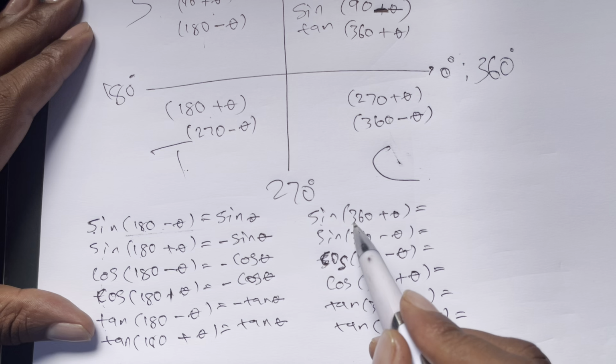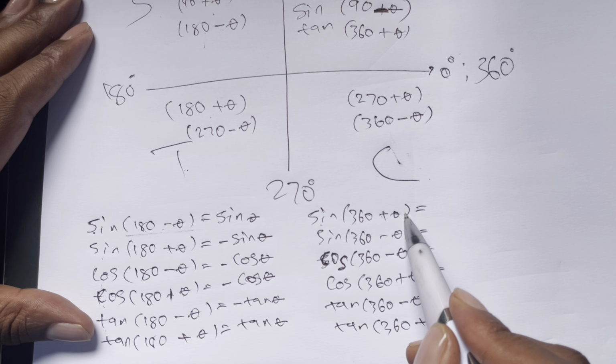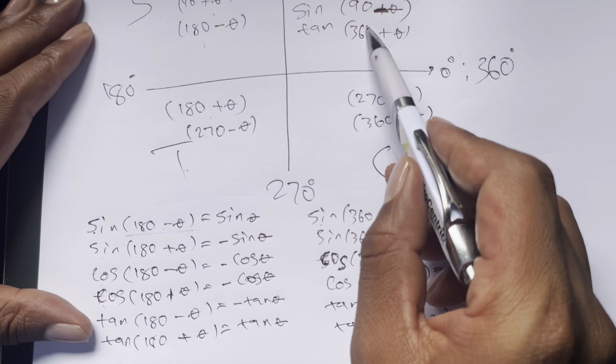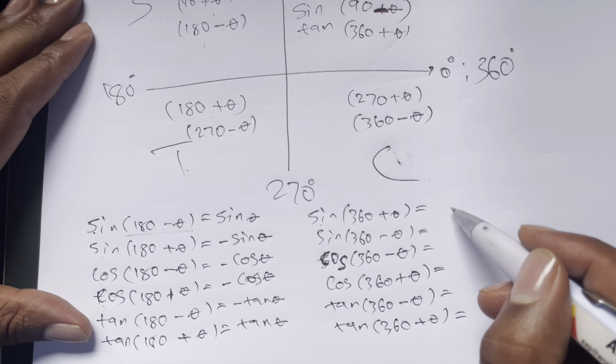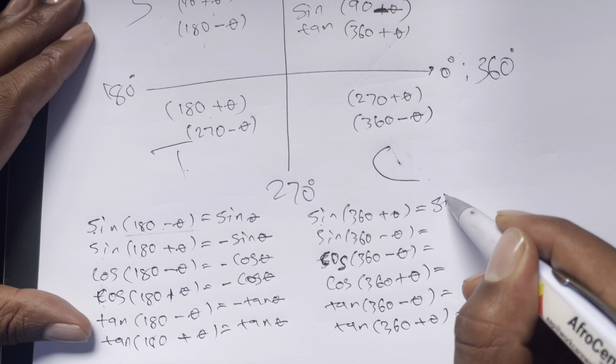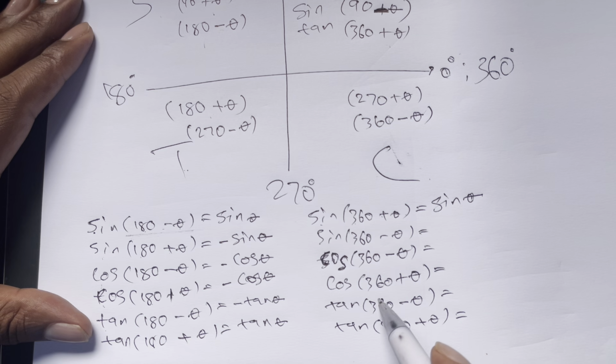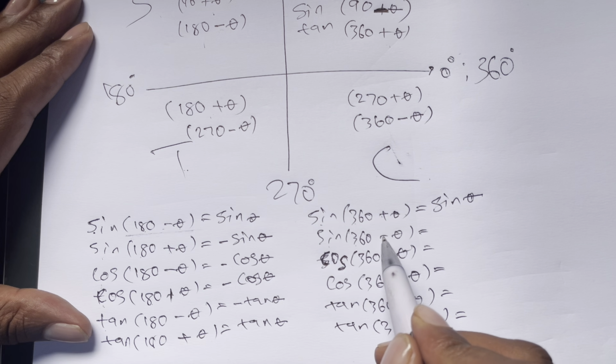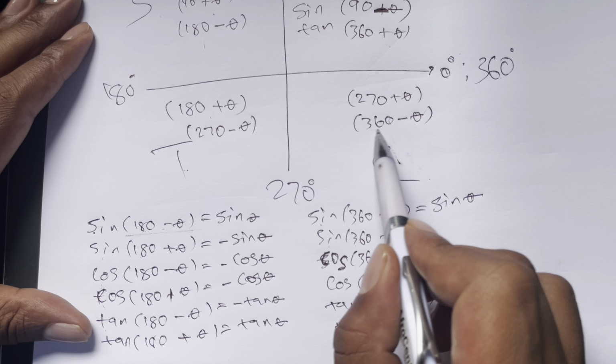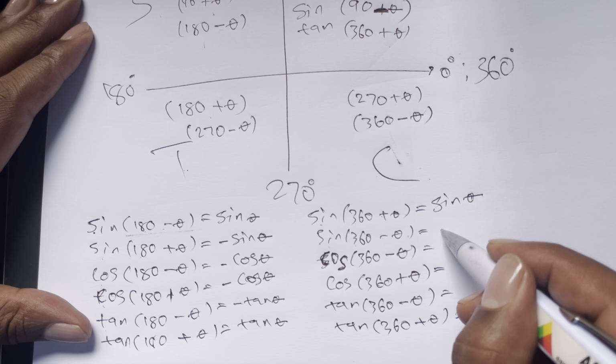So sine in 360 plus theta: 360 plus theta is in the first quadrant, so sine is positive. So we're going to have positive sine theta. Then you have sine in 360 minus theta. 360 minus theta is in the fourth quadrant.